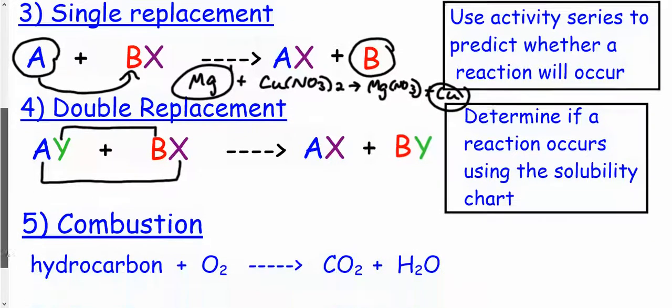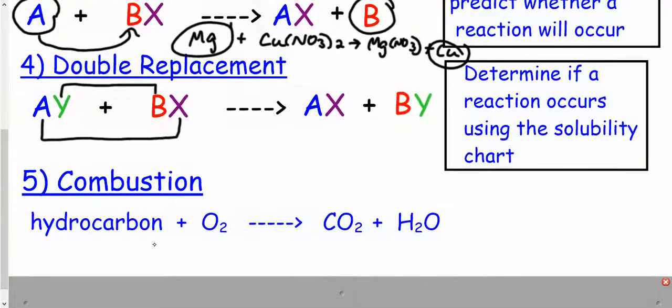Combustion of a hydrocarbon always takes this general form. Any combination of hydrocarbons, carbon and hydrogen, whether it be CH4, C3H8, or many of these combinations of carbon and hydrogen, sometimes with oxygen also attached. The combustion of a hydrocarbon is always the same.